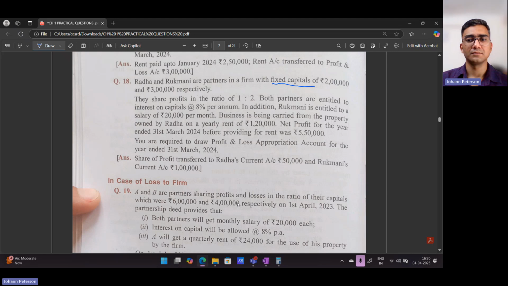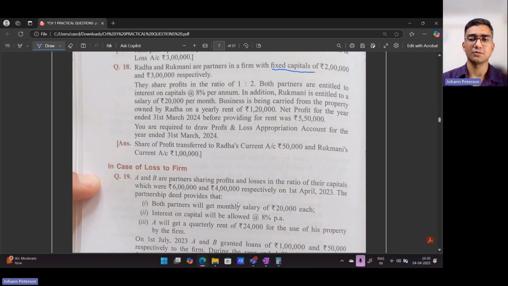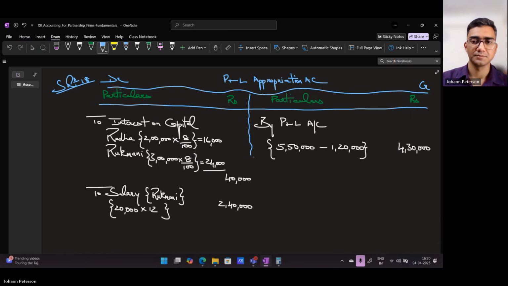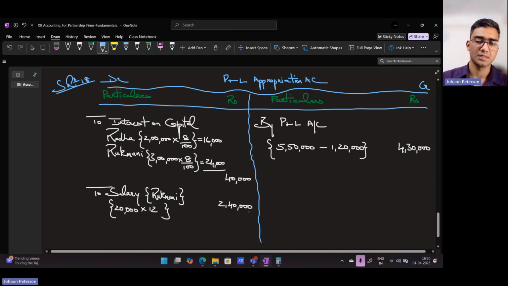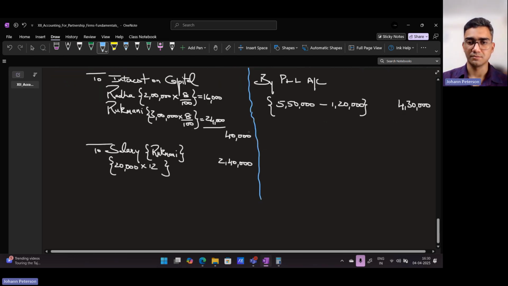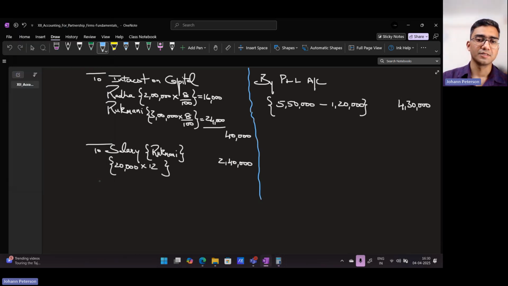Nothing else. Okay, so now we will have to take out our balancing figure. So what is our balancing figure? 4,30,000 minus 2,80,000 gives us 1,50,000. So divisible profit is 1,50,000.